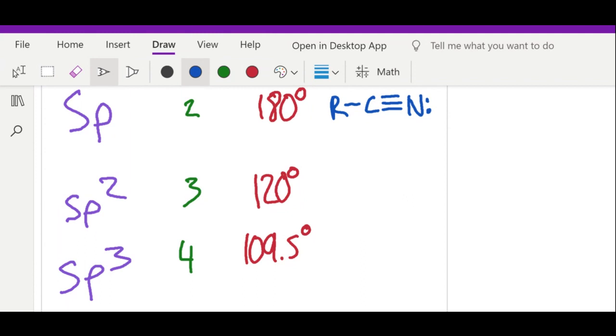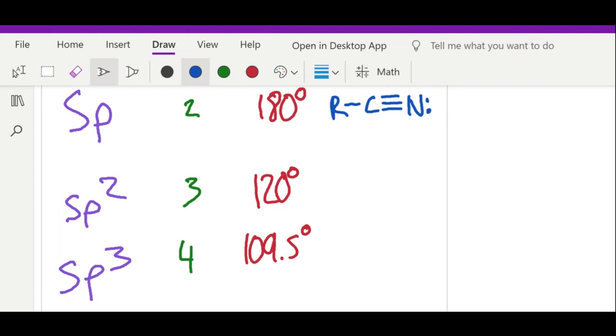Because carbon has a bond here and 3 bonds here, but essentially 2 sources of electrons, a single and a triple here. It doesn't matter if it's a triple, it's the same domain, right? And same with the lone pair on nitrogen. This is one domain, this is one domain. Okay, so 2 sources of domains. You would have an sp hybridization, and this would be 180 degrees.